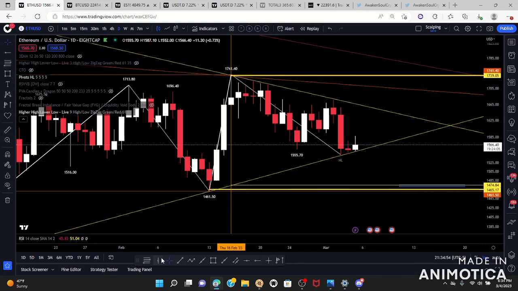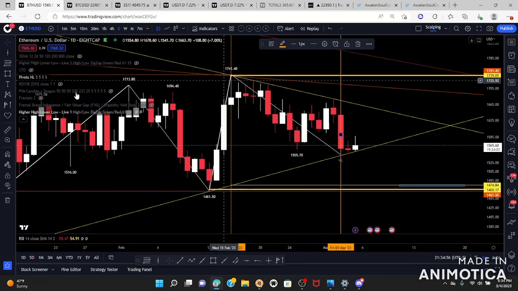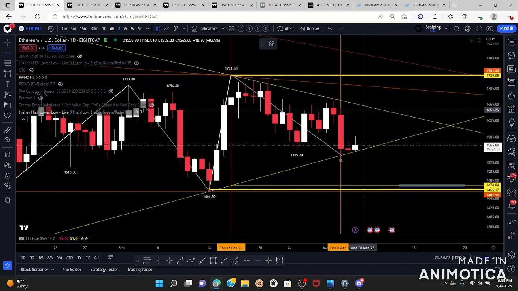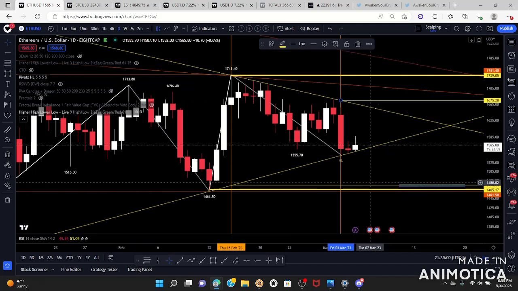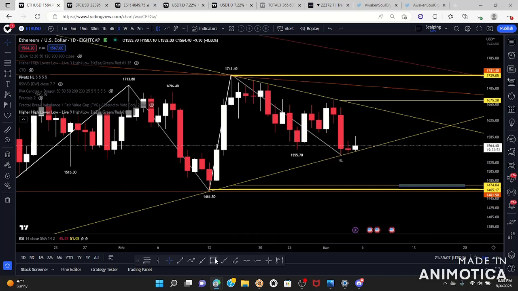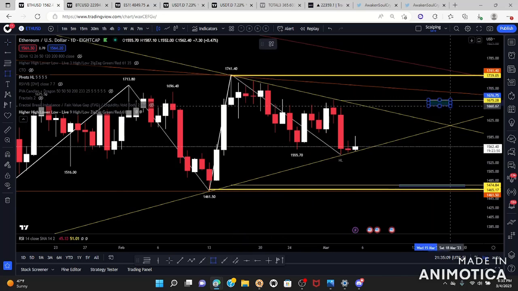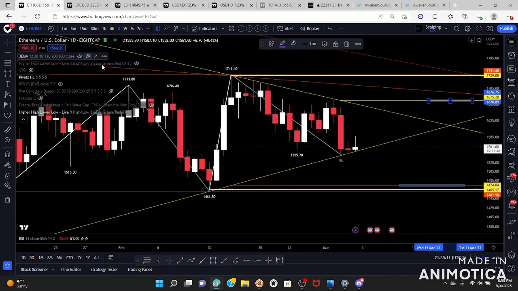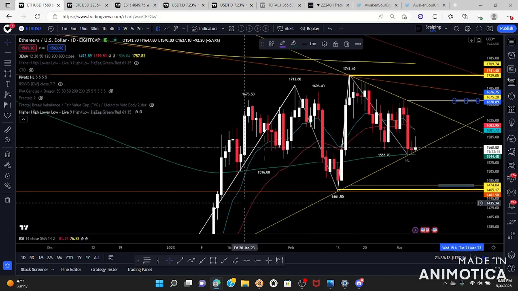So my target, vertical line would be here, and my target would be right here. Perfect. So let me remove the vertical lines, highlight it, and again, make that observation with your 12 and 26 EMAs.